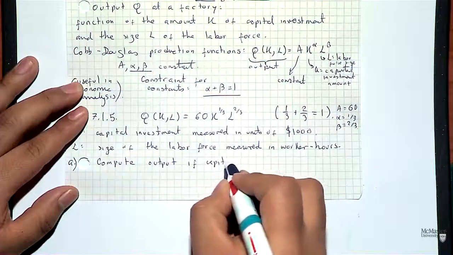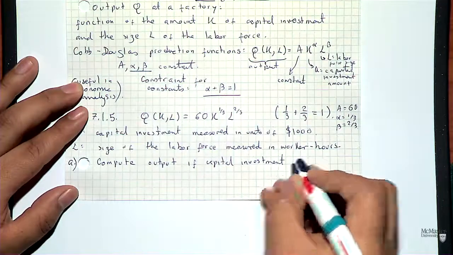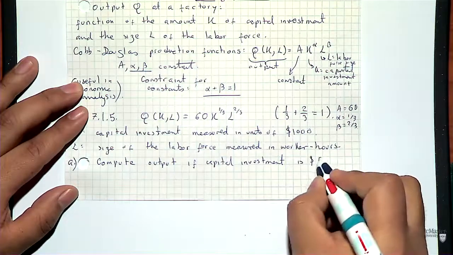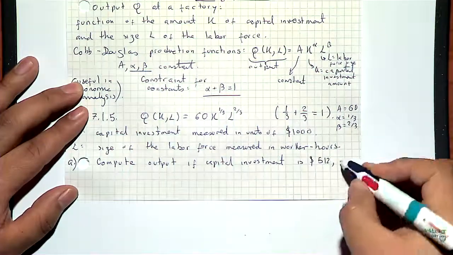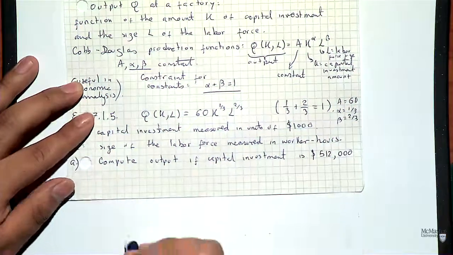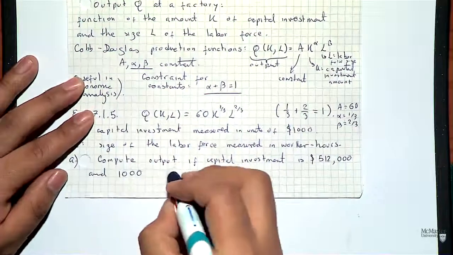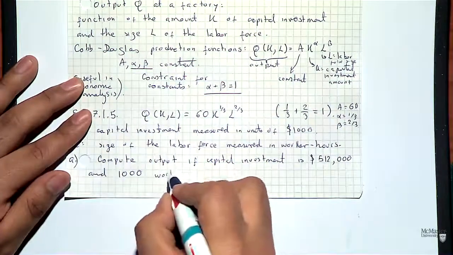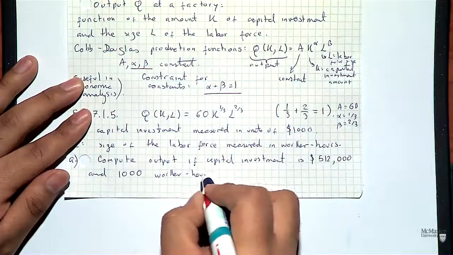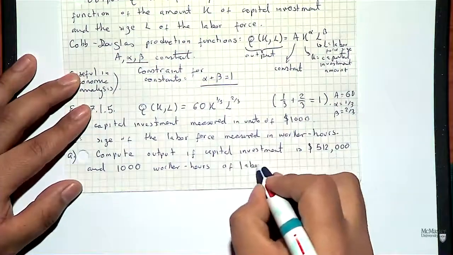if the capital investment is $512,000 and you have 1,000 worker hours of labor force.